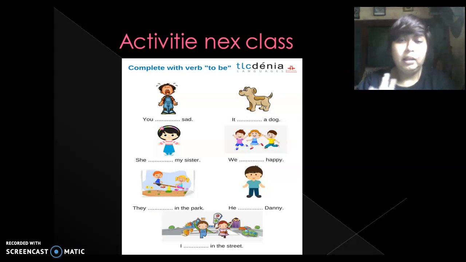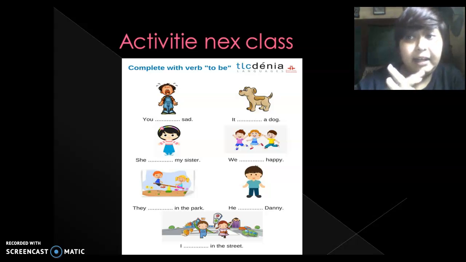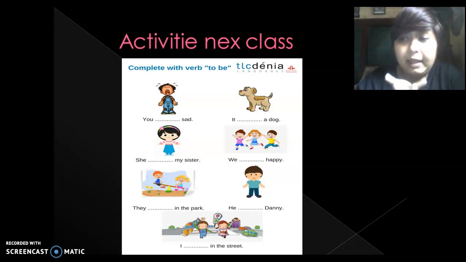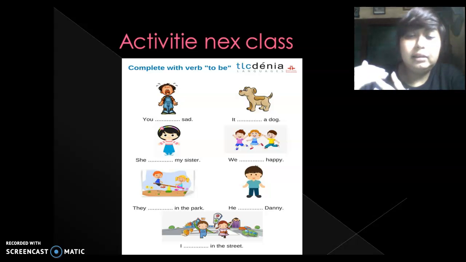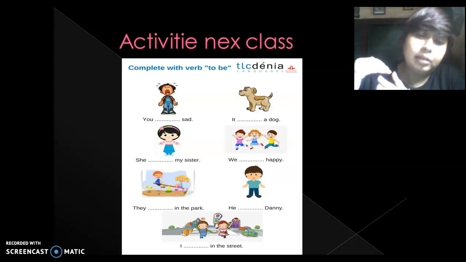Now, the activity for the next class. I need you to do this activity, which is very simple. What you will do is complete the blank space with the verb.